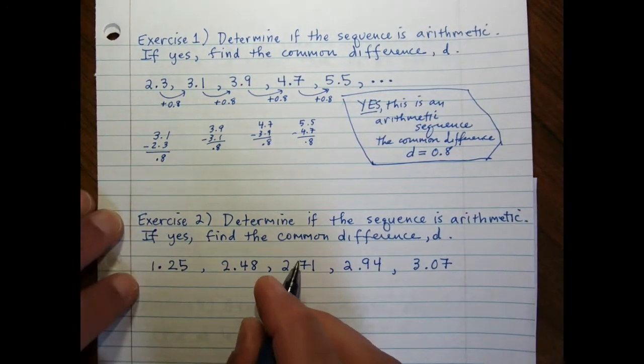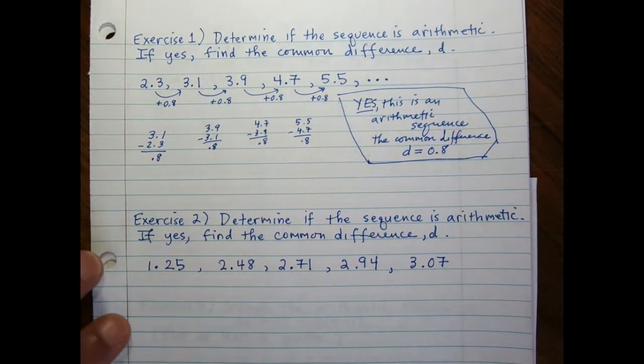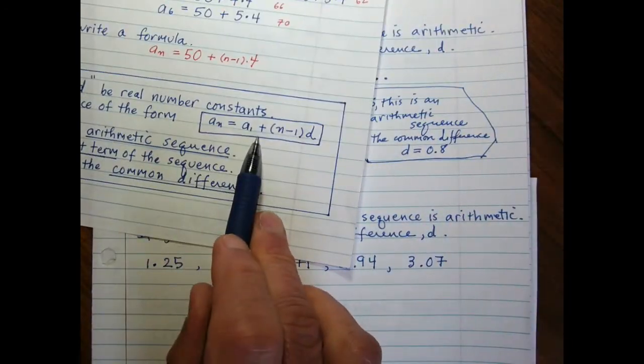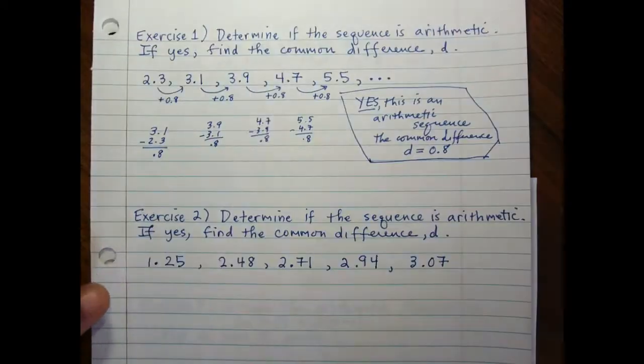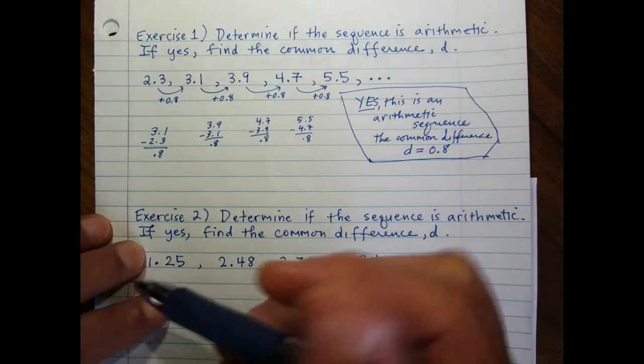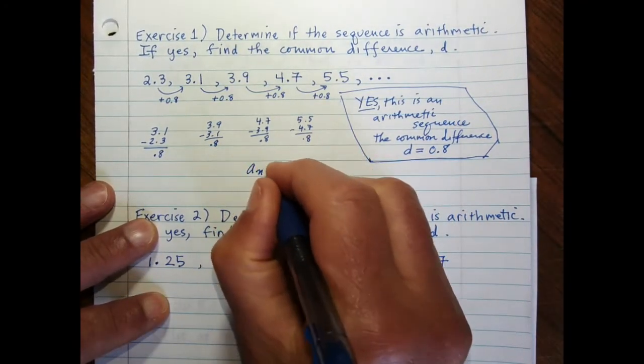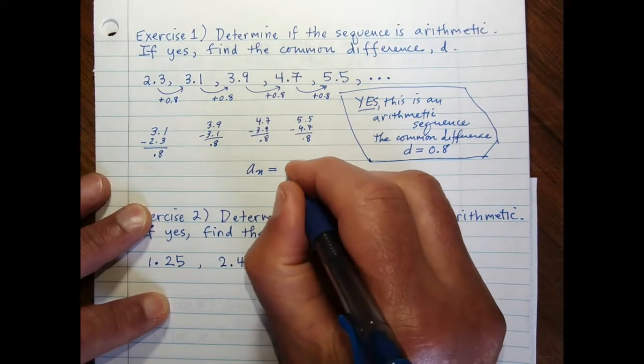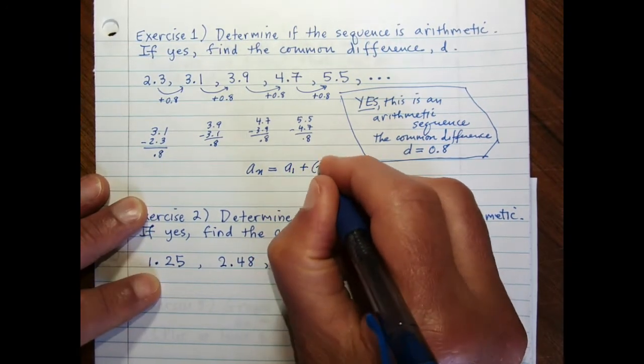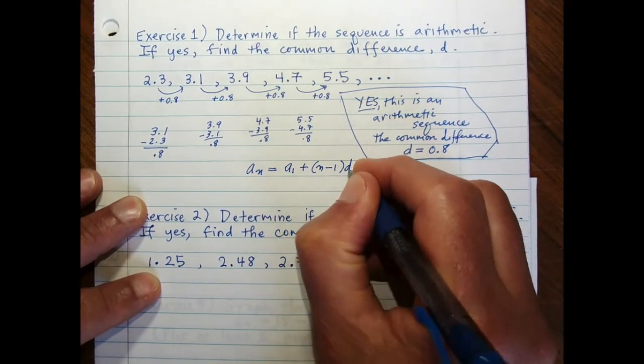They didn't ask us for the general formula, but let's go ahead and write that down. I'm going to use the general formula from the preceding page, so that the nth term of this sequence can be described as the first term plus n minus 1 times the common difference.